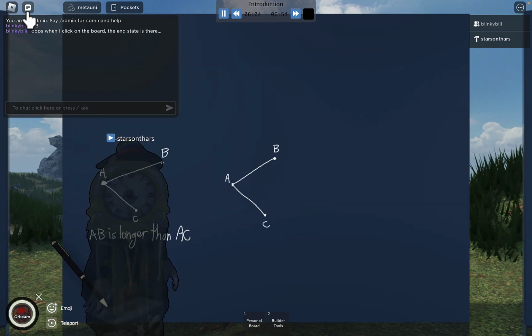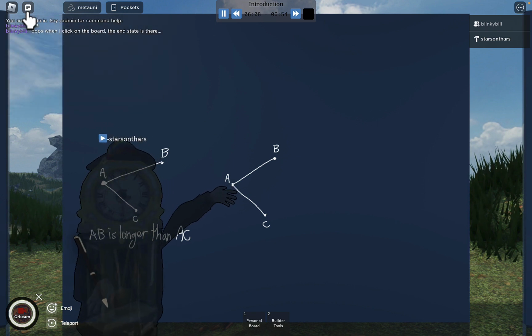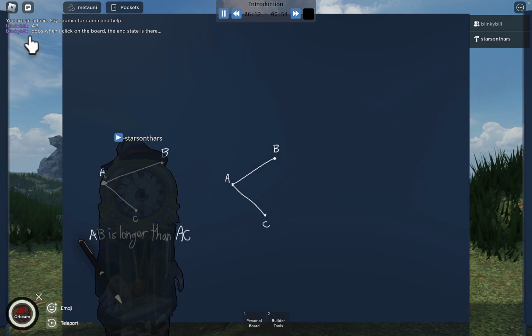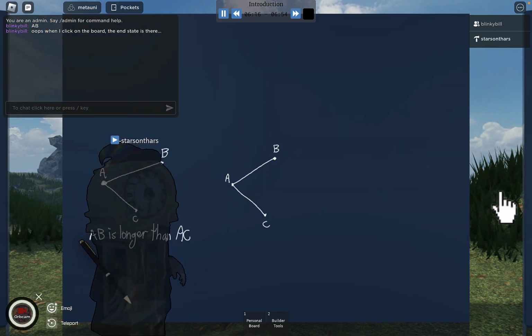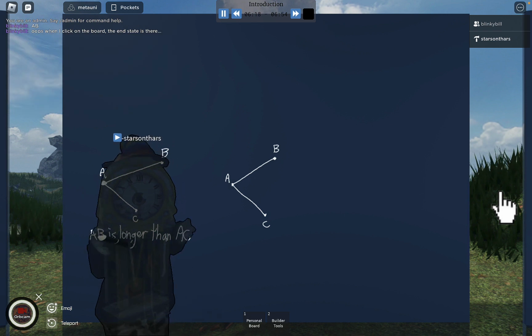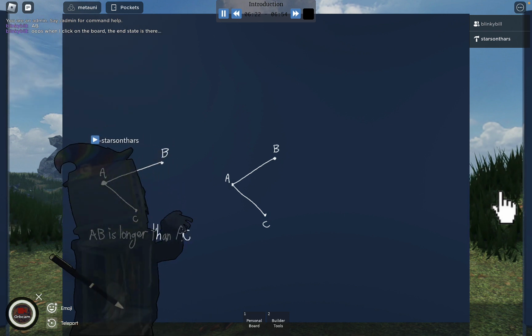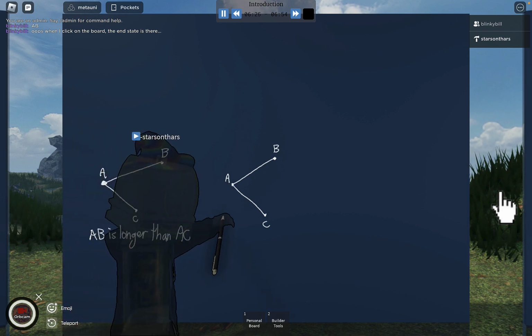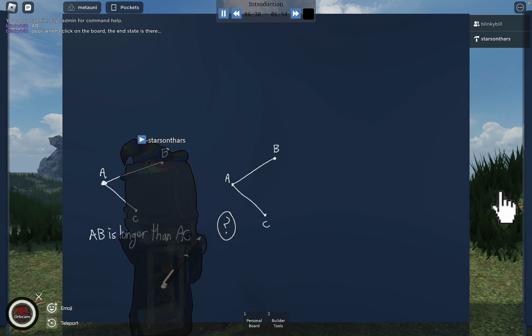So here's my first question. If you had these 2 lines on a real board in front of you, or say on a piece of paper, what kind of physical tool would you be able to use to settle this question of which of these 2 finite line segments is longer?